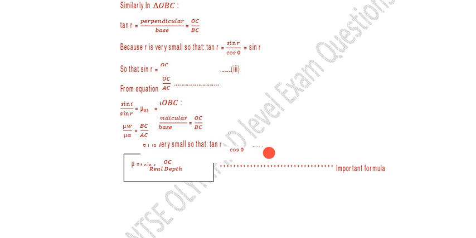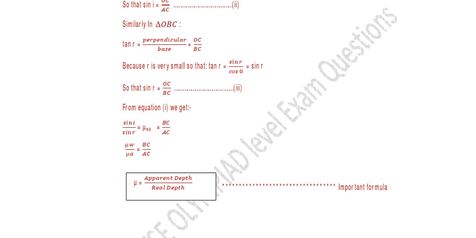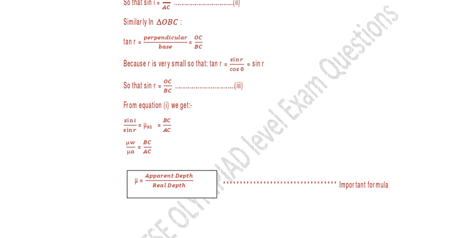By this I will get sin r is equal to OC by BC. Now using equations 1, 2 and 3, I will get sin i by sin r, which is equal to mu WA, the refractive index of water with respect to air. Here it is equal to BC divided by AC.